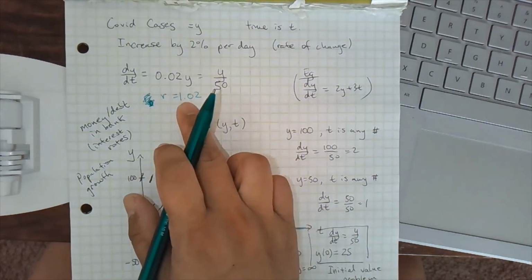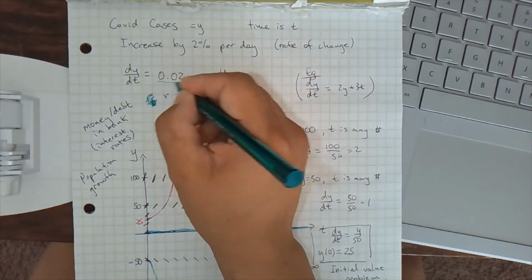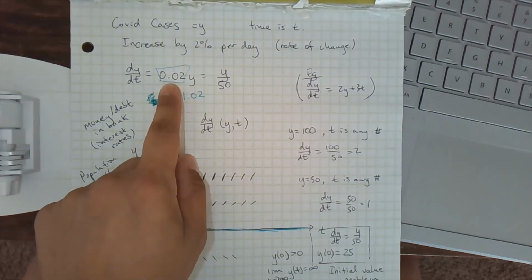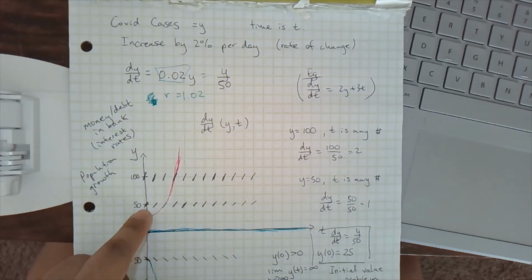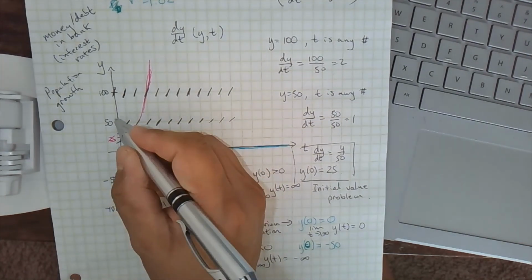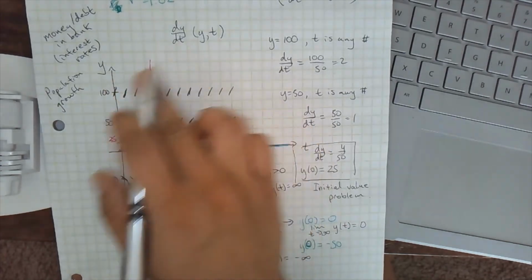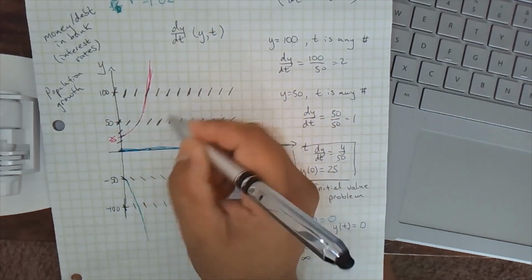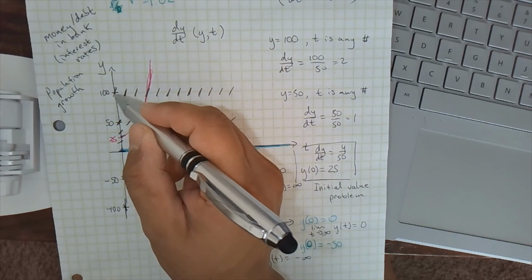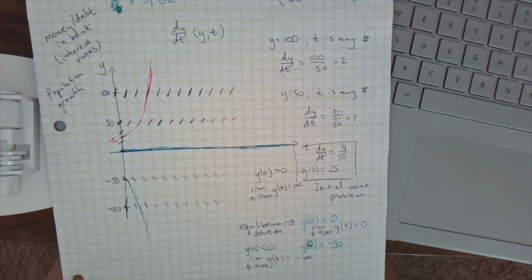And so they're very interested in this R being less than 1. That would actually result in this number being negative. If this number is negative, then when we graph it, all the signs would point in the opposite direction, right? Instead of when we have positive values of y, we would have negative slopes, and negative values of y would have positive slopes, but we care about up here for COVID. And then if we had negative slopes, then when we started graphing our solutions, they would tend downwards. That's what we talk about with flattening the curve.